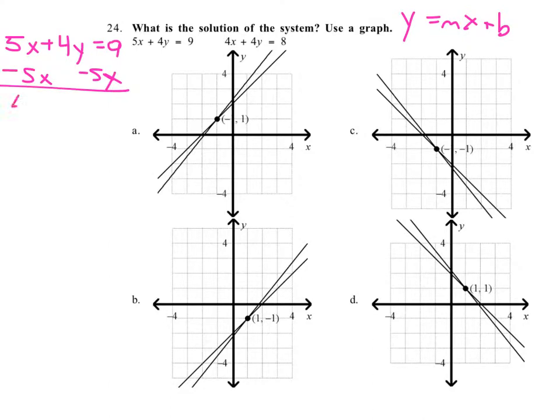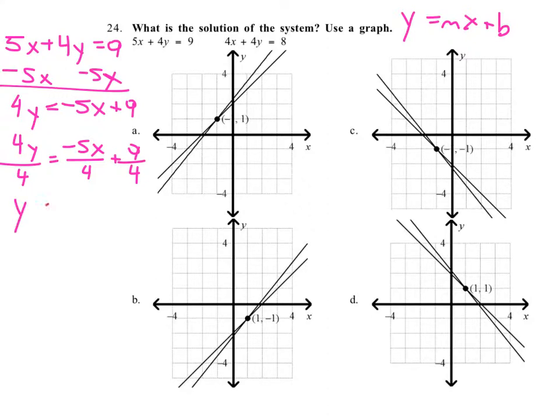And what do I get? I get 4y is equal to negative 5x plus 9. And then I want to divide both sides by 4. Everything that's separated by a plus or minus gets divided by 4, so that it just says y equals.